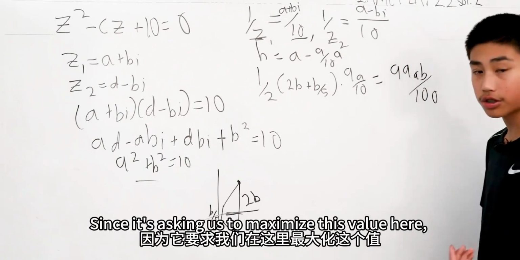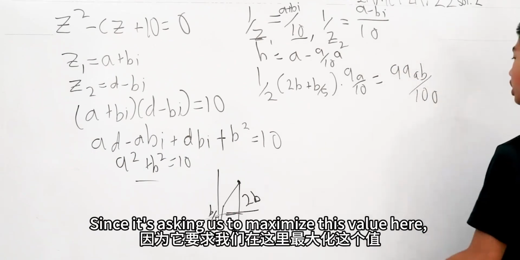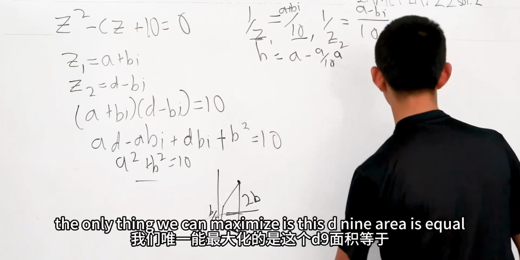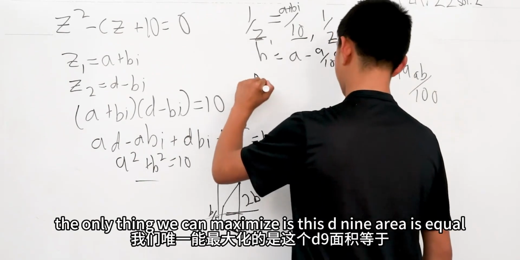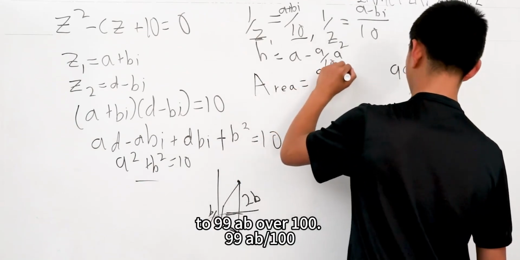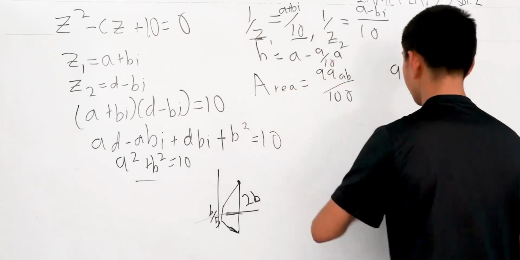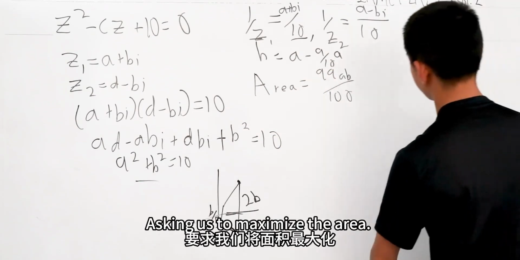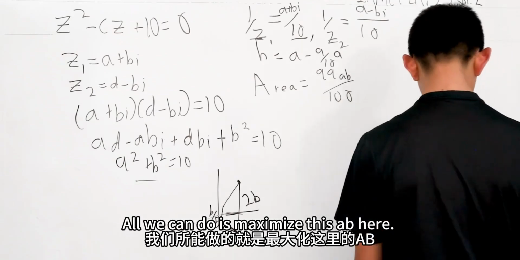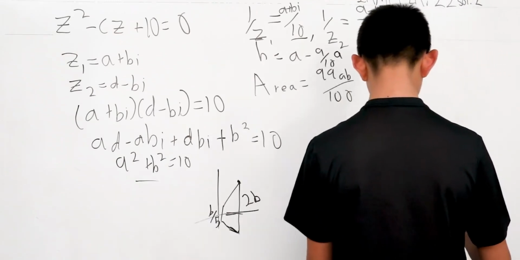Since it's asking us to maximize the area, all we can do is maximize this ab here. How do we do that?